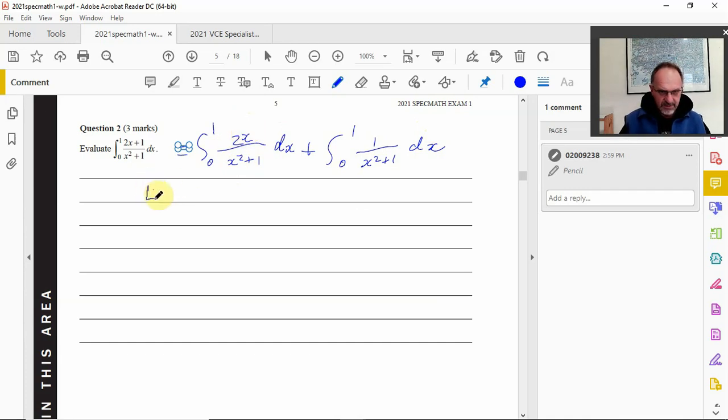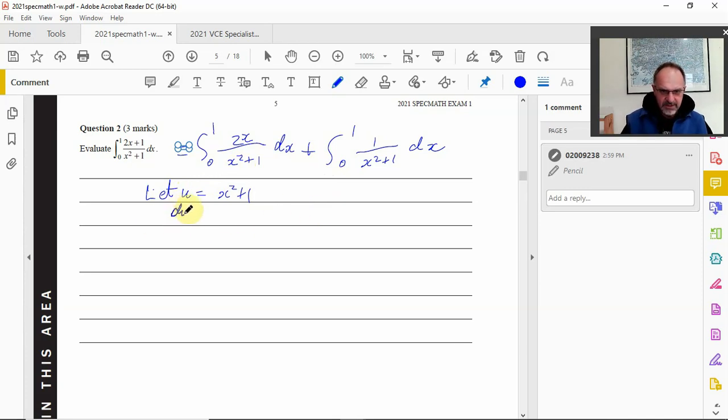So the way I'm going to do it is I'm going to say let u equal x squared plus 1 on that first bit. This is just this first integral here, not the second one. The second one I'm actually going to leave as it is, and we'll get to that in a minute.